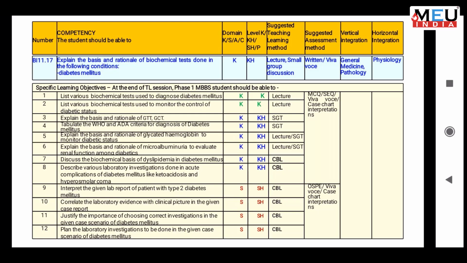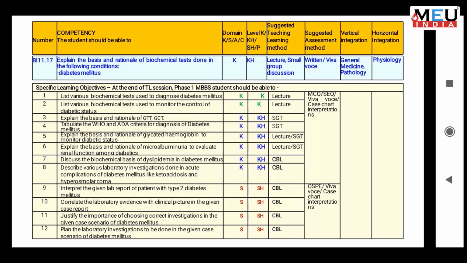Explain the basis and rationale of microalbuminuria to evaluate renal function among diabetics. Discuss the biochemical basis of dyslipidemia in diabetes mellitus. Describe various laboratory investigations done in acute complications of diabetes like ketoacidosis and hyperosmolar coma.